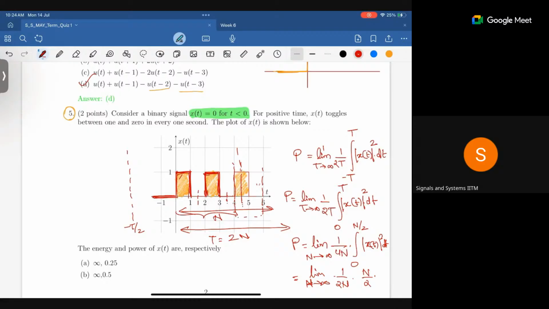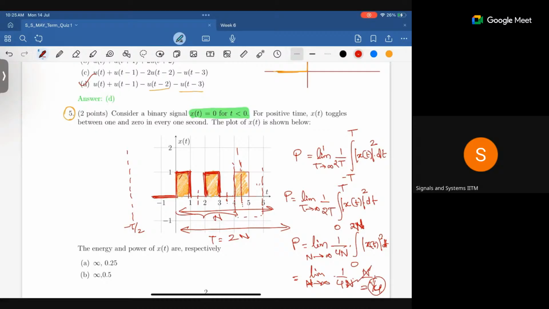And from 0 to t, so from 0 to 2n, we will have n pulses, each of strength 1. So 1 plus 1 plus 1 plus 1, we will have n rectangles. You just have to add them together, which will give us n. Therefore you will have n by 4n, n will get cancelled out, and we will have 1 by 4.